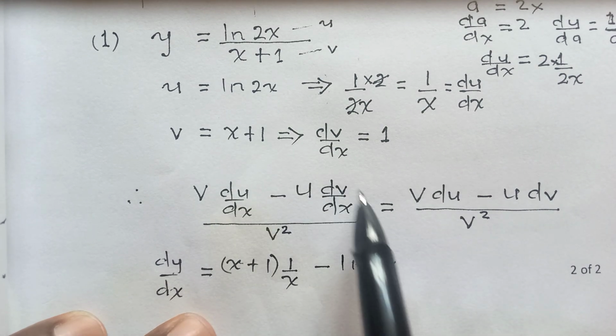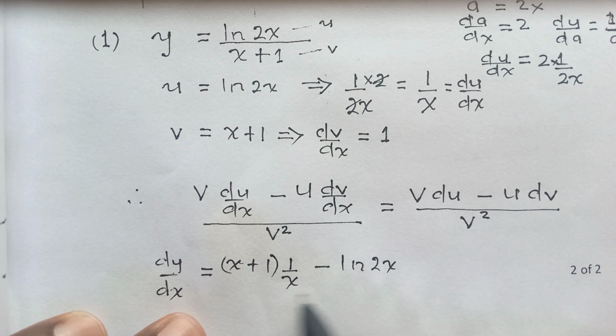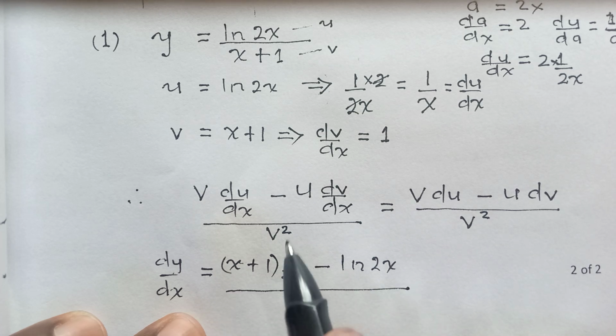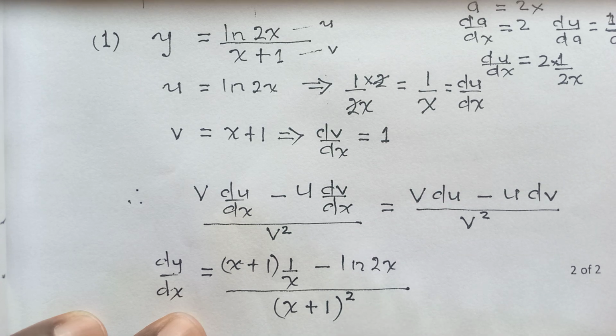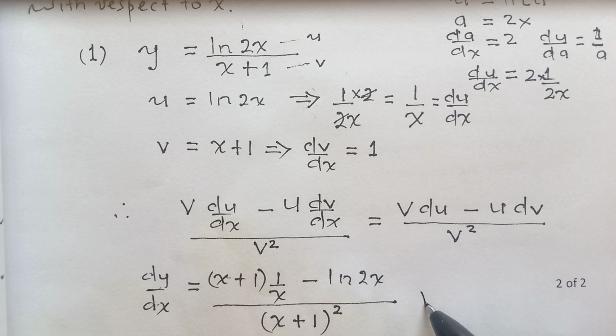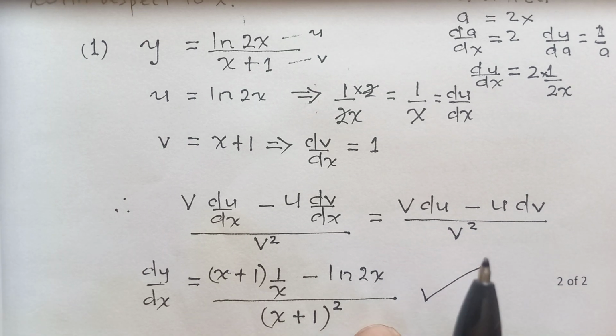Then we have dv dx. This is 1. We don't need to put it. All over v squared. v squared is x plus 1, and then you square this v, like that. And so guys, this is our answer for that question. We don't have to simplify it, we can write like that. So guys, we now go to the next question.